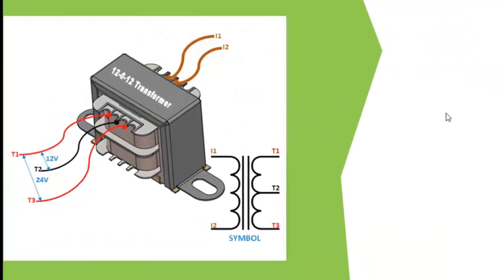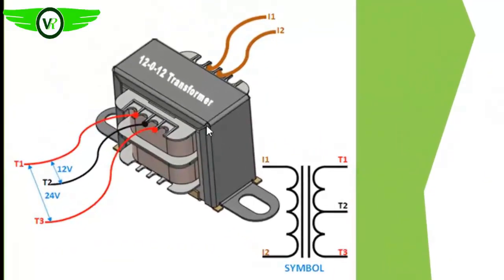So, like we said, this is representing the yoke of the transformer. This is the outer casing anyway, but it's actually covering the yoke. Okay, so these are the formers, one for the primary and the other for the secondary.